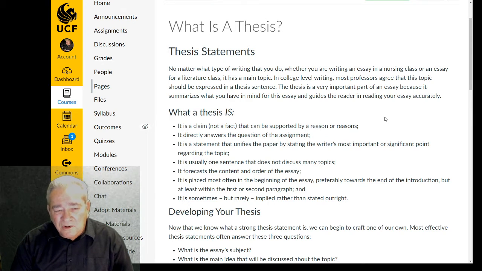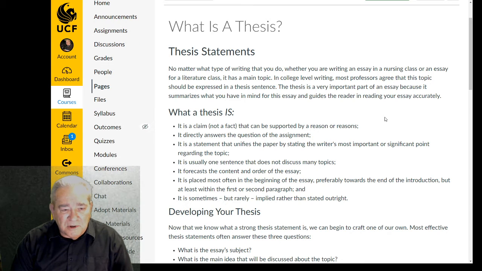So you can debate in a lot of different ways on gun control. But your thesis will unify your paper around the significant point that you have regarding that topic. It's usually one sentence that does not discuss many topics.